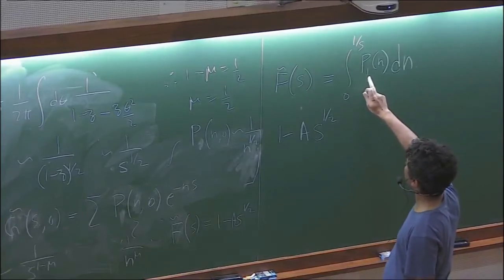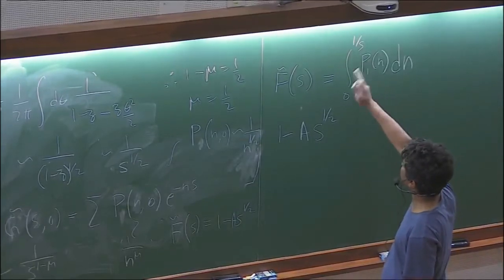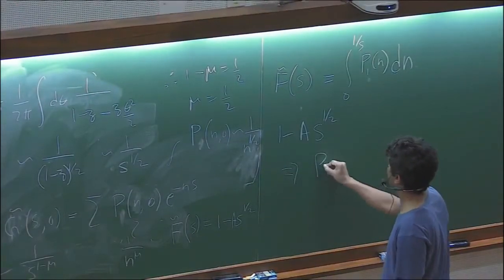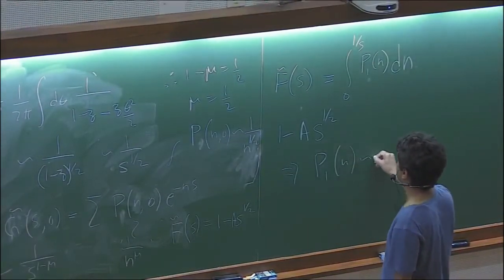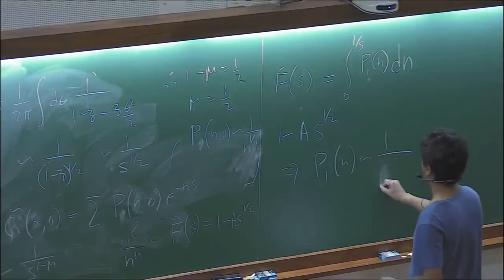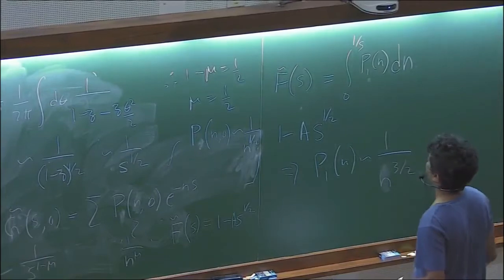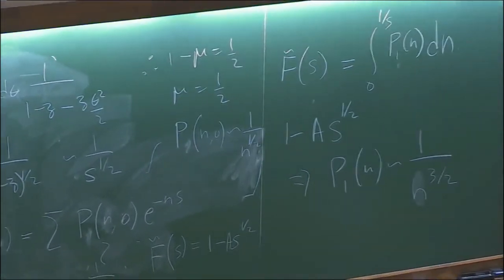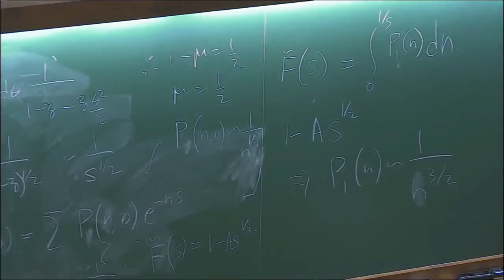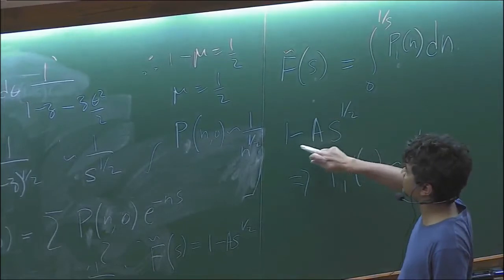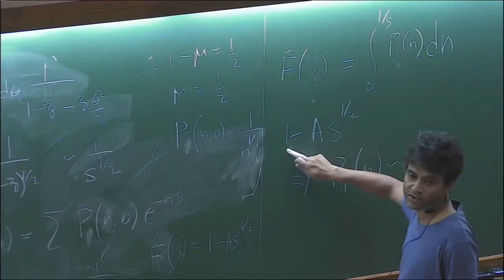So what you can do is you can take a derivative and, okay, so here s equal to 0 means this is like return probability, so that's 1.